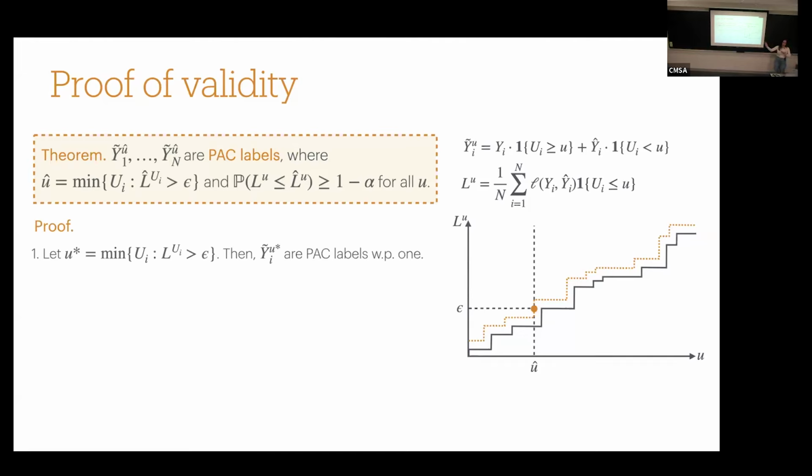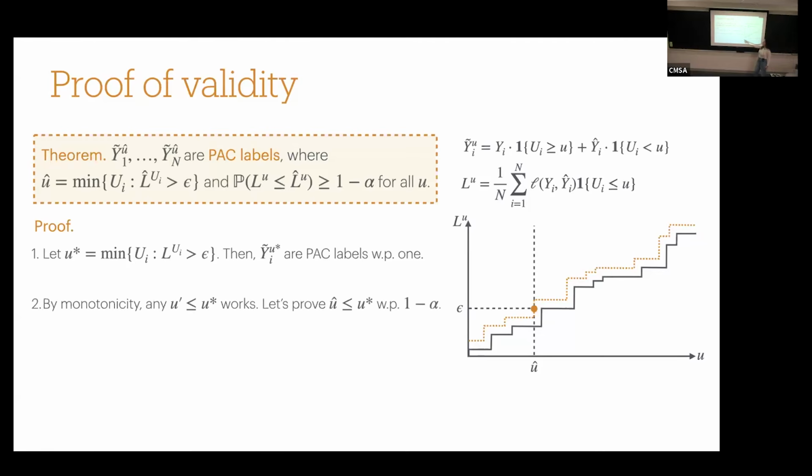So if I label everything from there on, my labels are going to be correct, or their error is going to be bounded by epsilon. By the fact that this function is monotone, if I pick any more conservative u, I'm also going to have PAC labels, because if I pick any point to the left, that just means I'm collecting more expert labels.